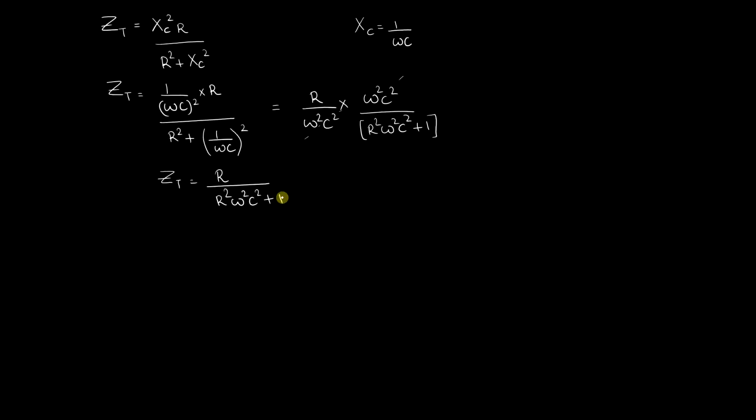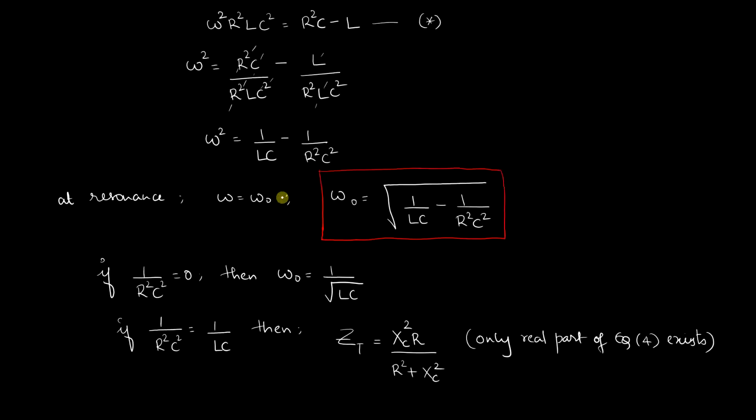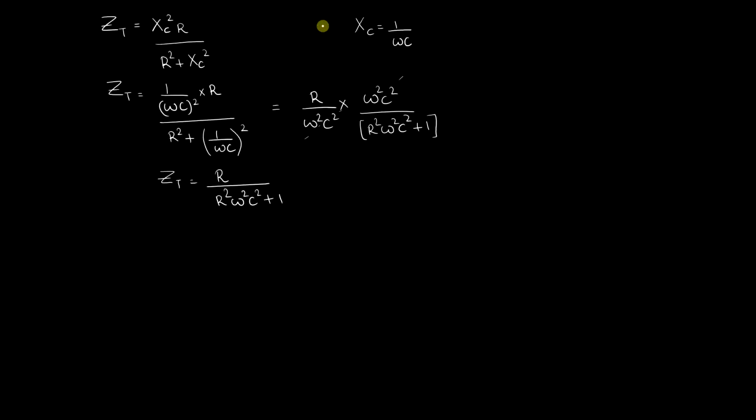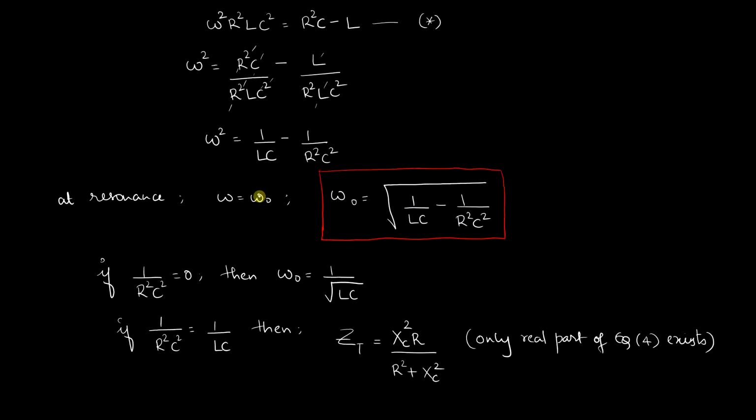Now I told you we need to remember this particular equation. So you have omega square R square LC square equal to R square C minus L, right? What I see here in this expression is R square omega square C square, so to compute it you can utilize this equation.